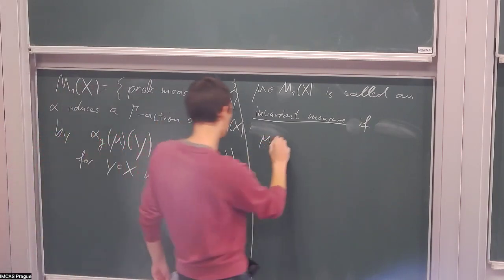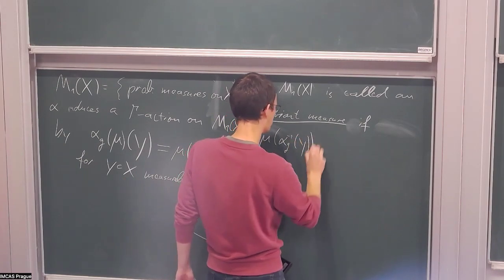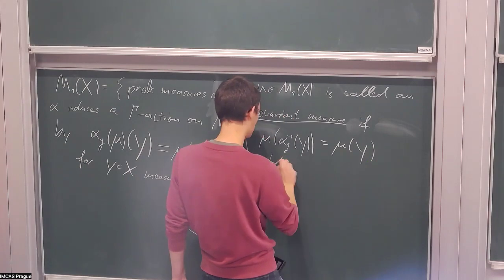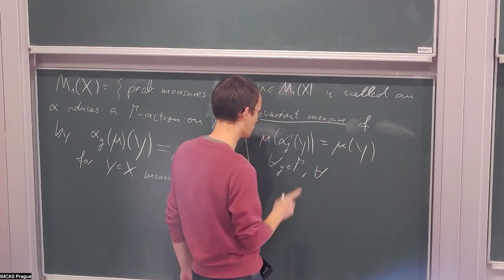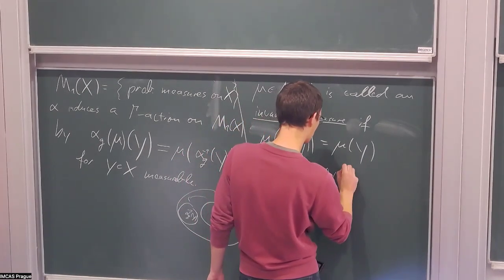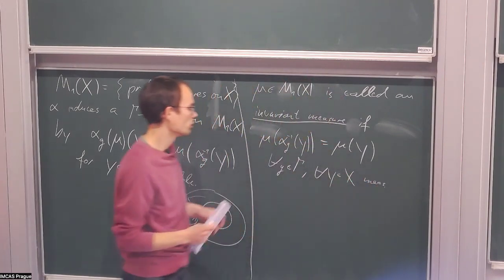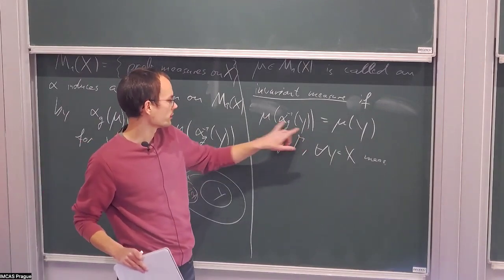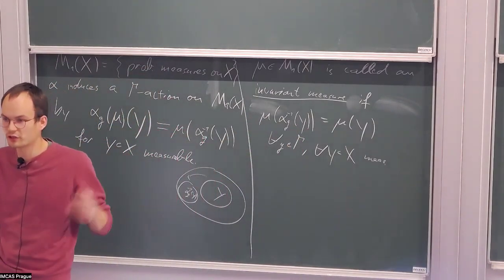So mu of alpha g inverse of Y is equal to mu of Y for all g and for all measurable subsets of X. Right, so this means that the measure of a set Y will not change under translating.